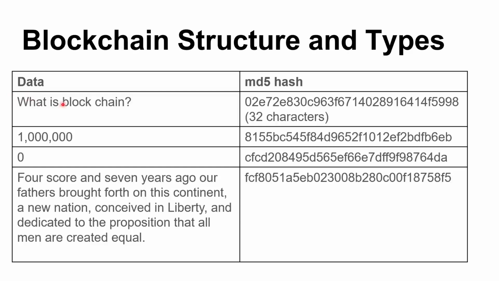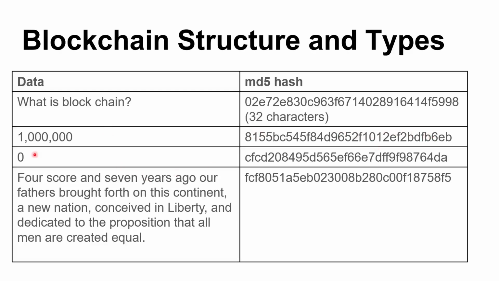This sentence, "What is blockchain?", followed by the question mark character, hashes, and we're using an MD5 hash algorithm. This is its 32 character hash right here. The number 1 million with the commas also hashes to 32 characters.